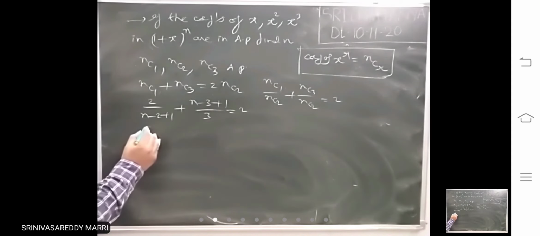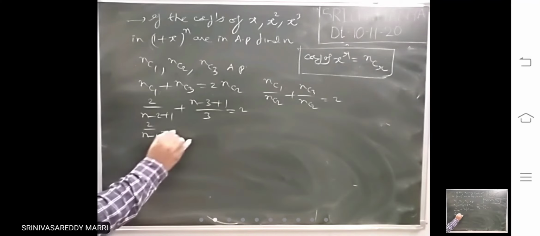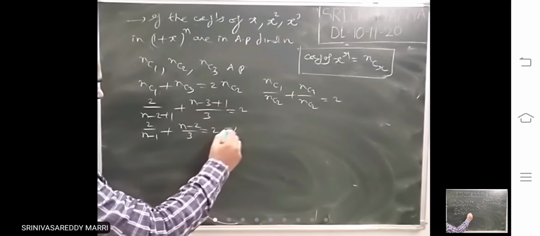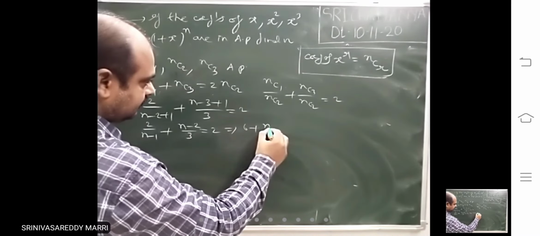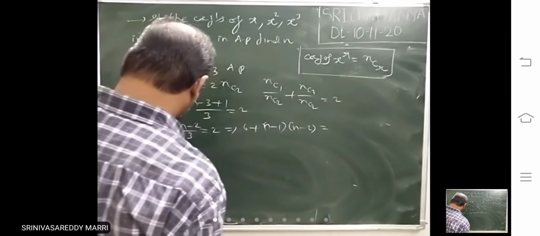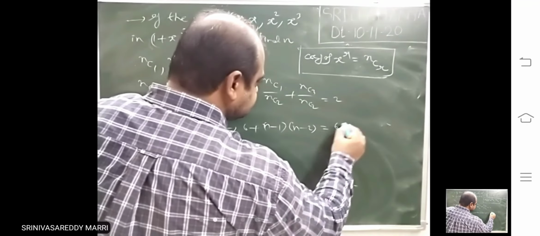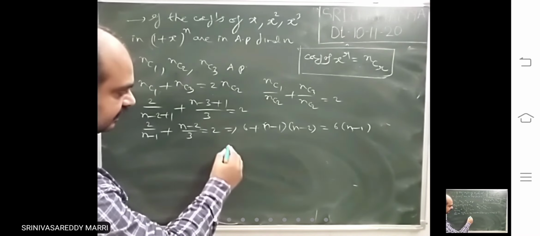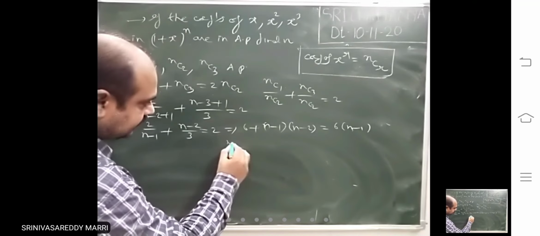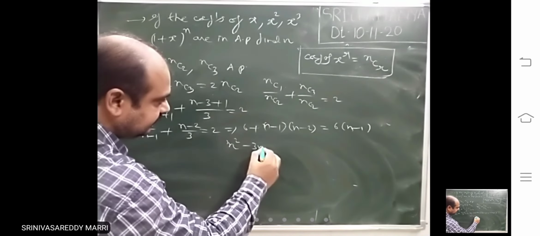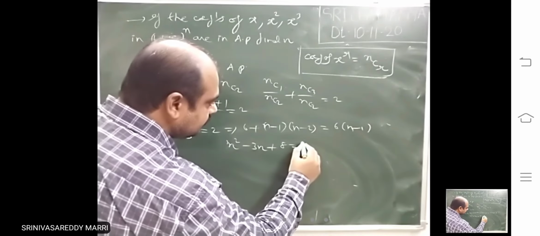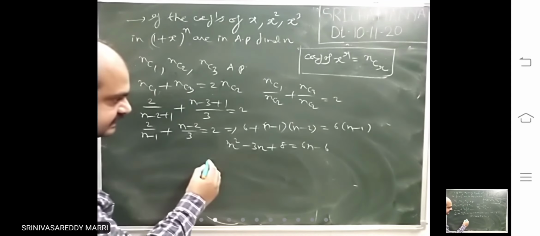That means you will get 2 by n minus 1 plus n minus 2 divided by 3 equal to 2. Take the LCM, equal to 6 into n minus 1. So therefore what you will get here? n square minus 3n, 6 plus 2 is 8, equal to 6n minus 6.